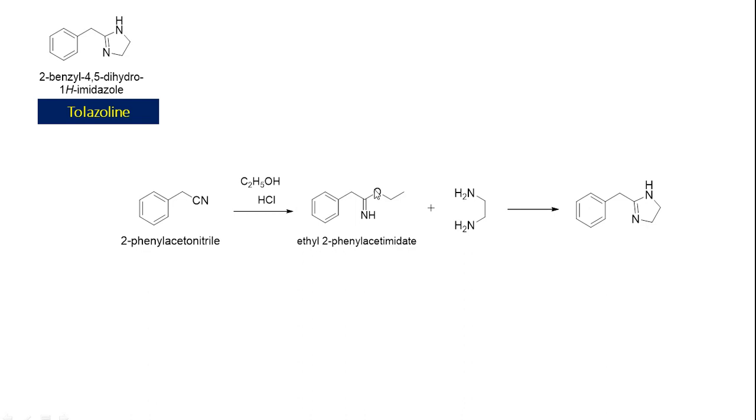This NH2 replaces this ethoxide unit in a nucleophilic substitution reaction, and the other NH2 first adds across this C double bond N. Later the ammonia part over here is eliminated to obtain the imidazoline, like in the case of Fischer indole synthesis. So addition elimination reaction happens across this C double bond N to obtain tolazoline. This is a straightforward and very simple reaction.